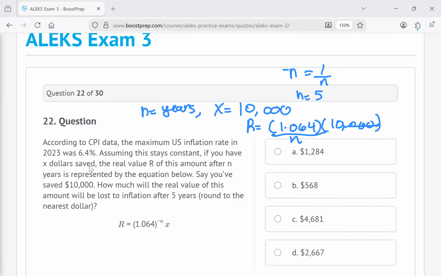Oh, wait, it tells a rate of 6.4. So it's r equals 1 over 1.064 to the n, which I believe was, how long? 5 years. Times by x, which is 10,000.